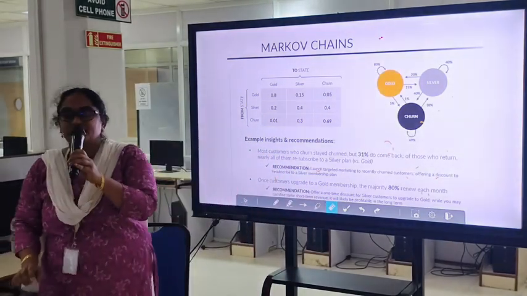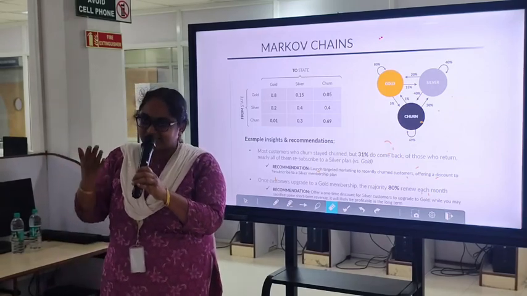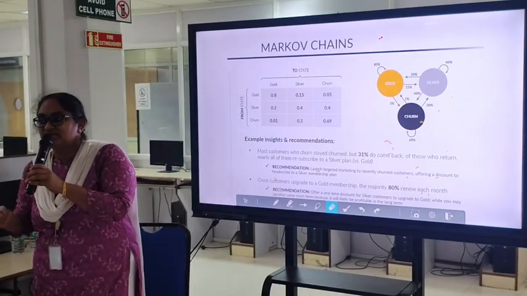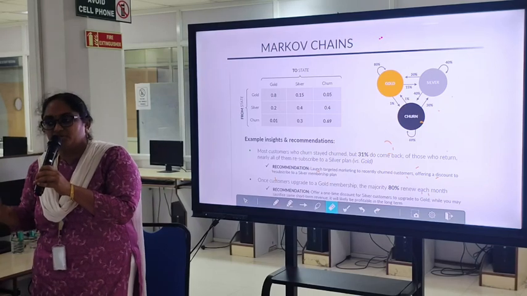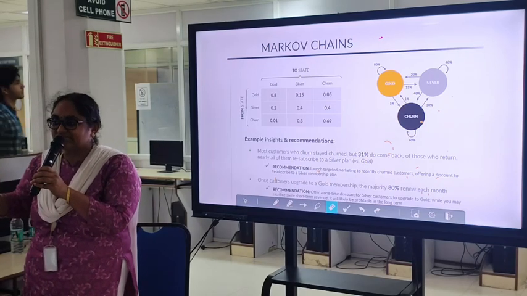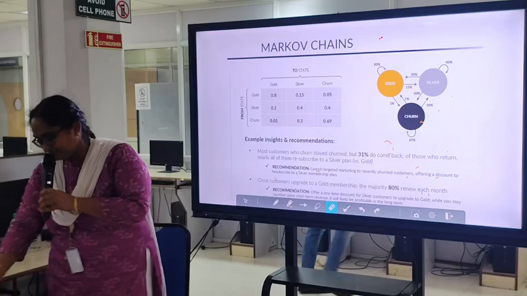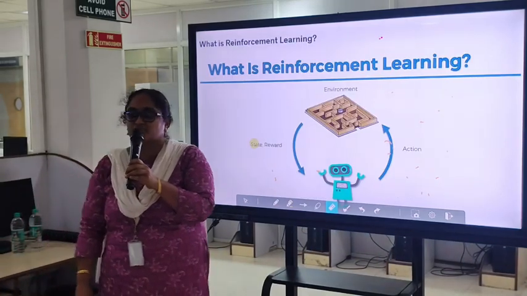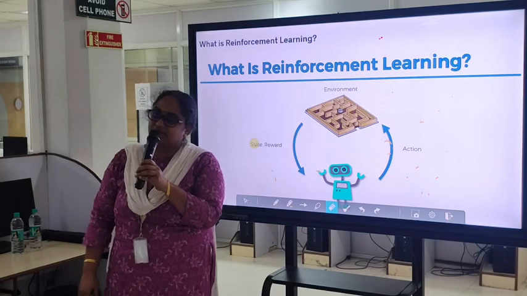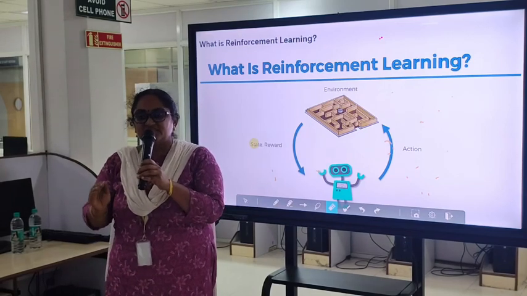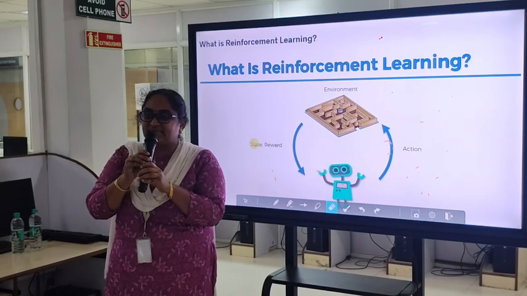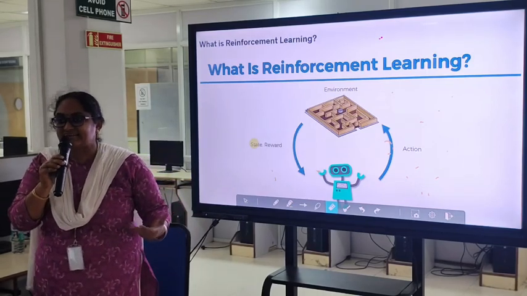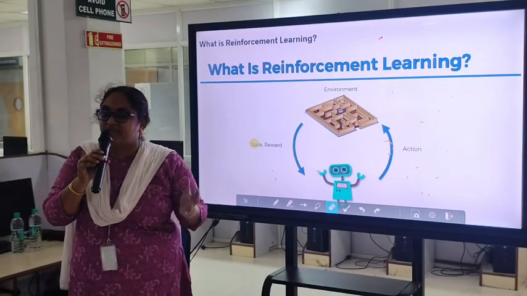So in reinforcement learning also there are certain parameters. There are states, and there are actions that you need to take on the states. Because of the action that you take on the state, you go from one state to the next state. There is a constrained environment, with some rules, and the actions are also limited. The agent does that.